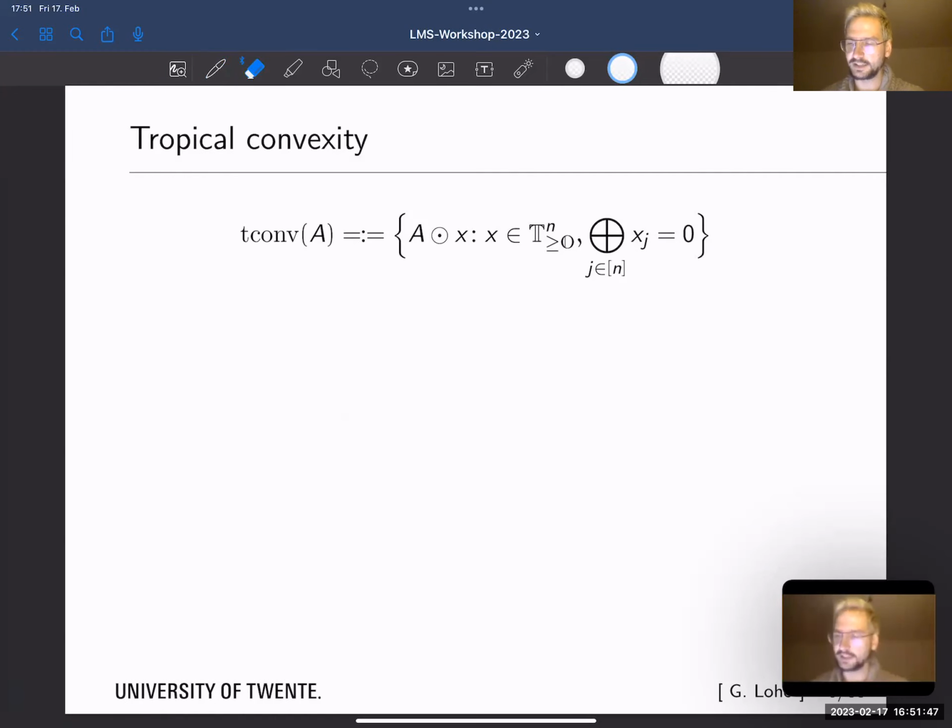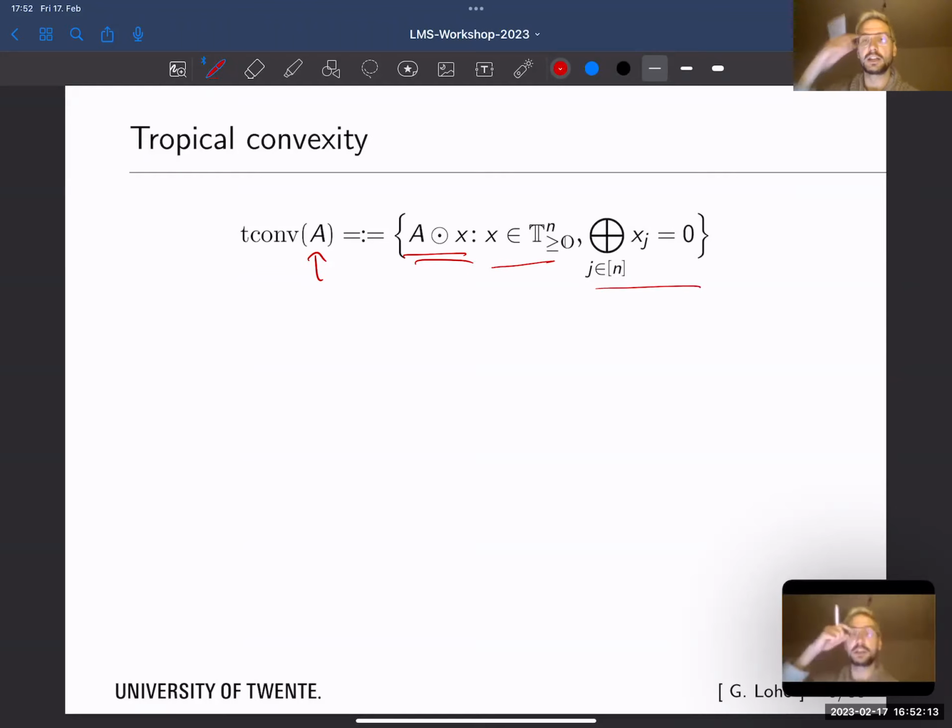Yes, just also as a reminder or warm-up, the usual tropical convexity can be seen in the following way. We take combinations of vectors, like say columns of a matrix. The idea is that we take non-negative combinations such that the scalars sum up to the tropical 1.